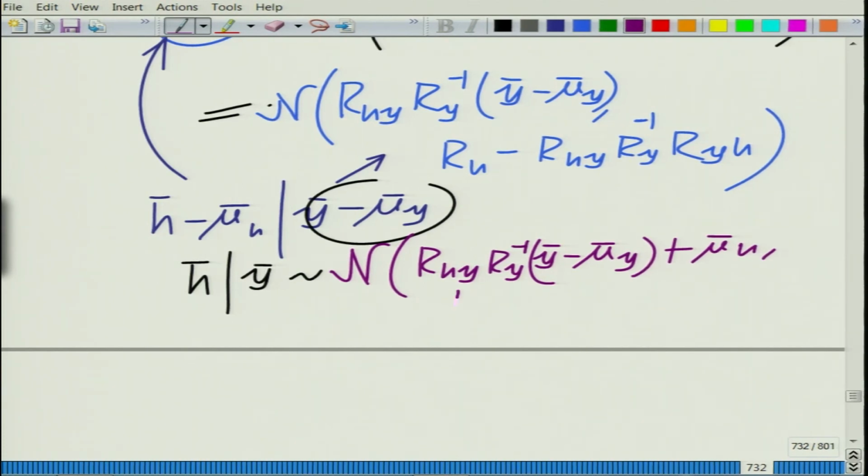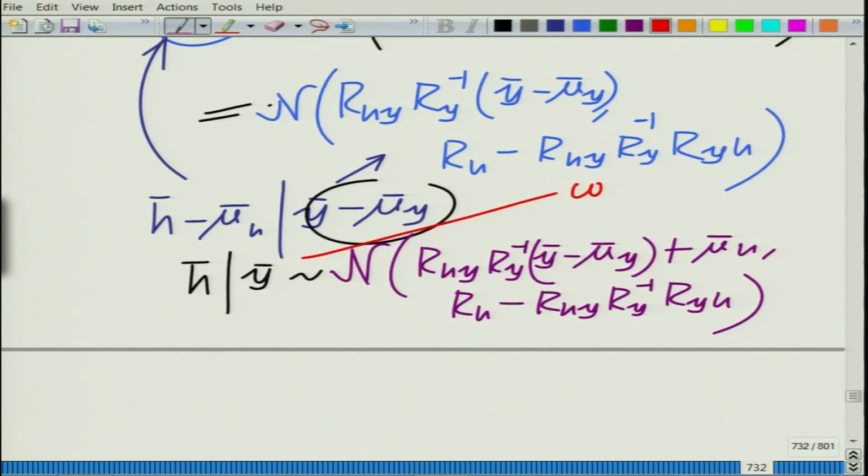and the covariance does not change, because remember, shifting by a mean does not affect it. And this is the final expression for the conditional Gaussian PDF, which is very useful and arises very frequently.